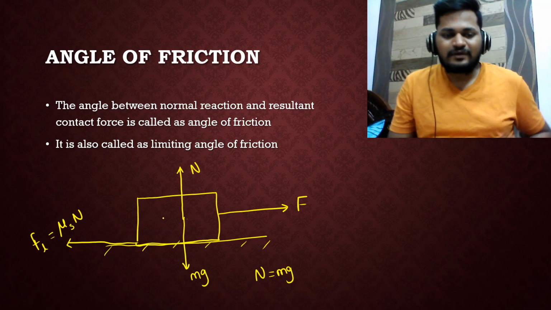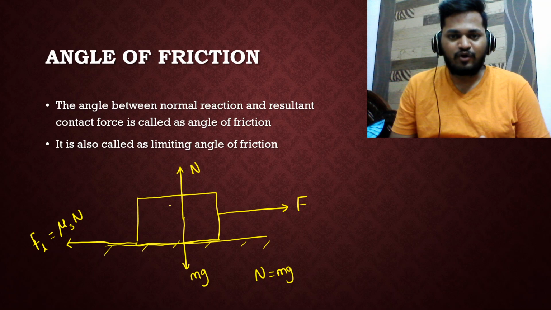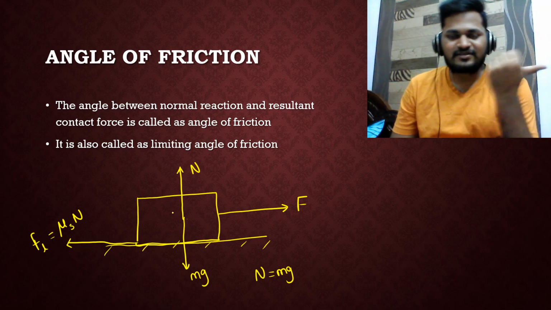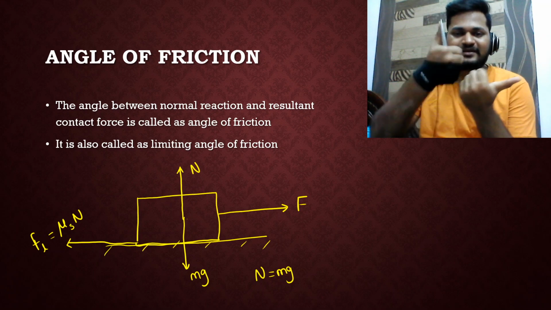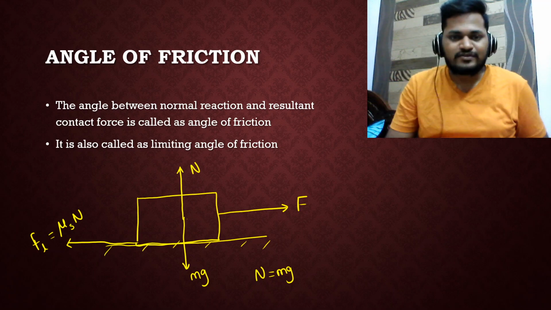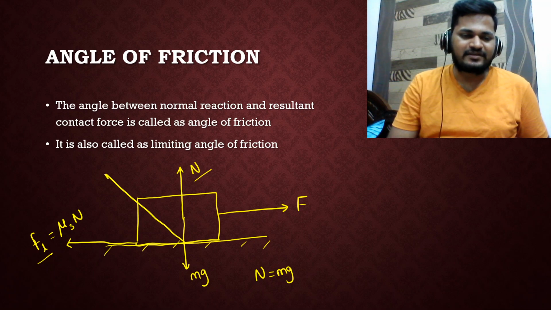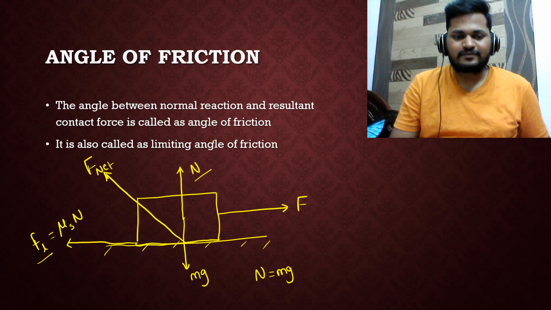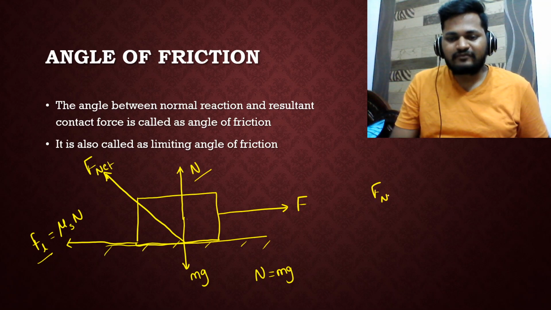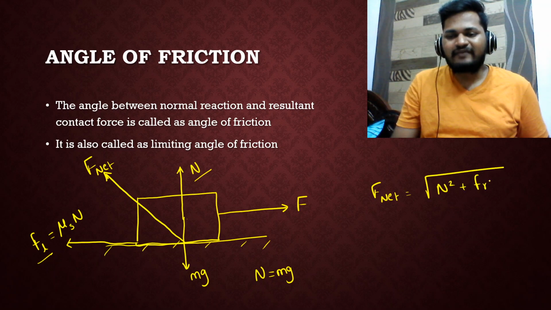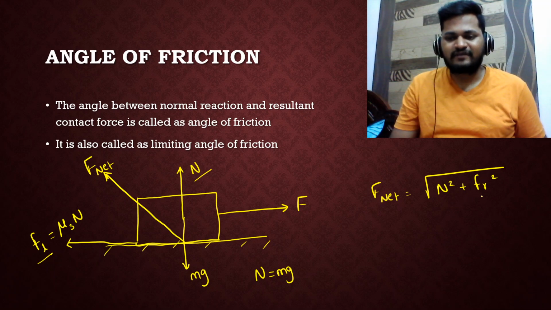So there are two contact forces acting on the block. One is friction in the backward direction, and one is the normal reaction exerted by the surface in the upward direction. If anyone asks what the net contact force is, that is the resultant of limiting friction and normal reaction, which will act in this direction.